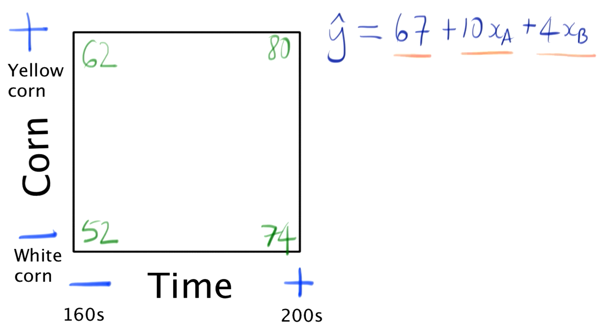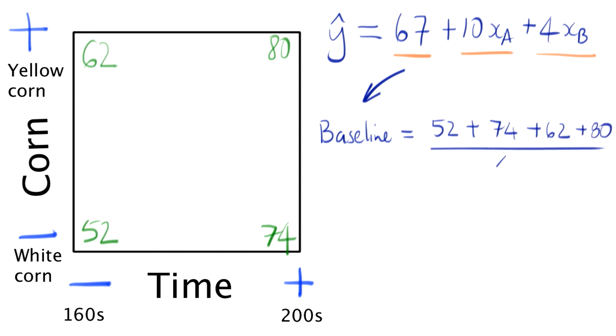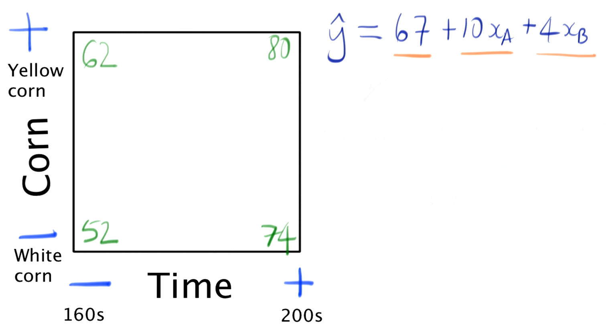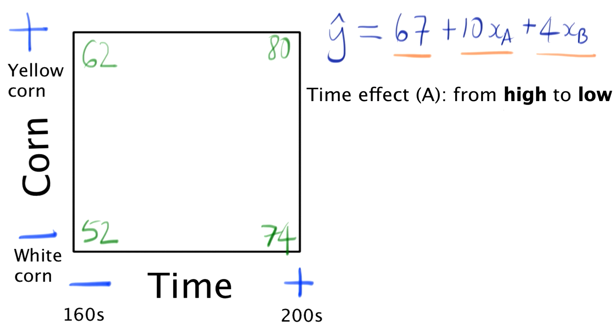The baseline value of 67 is the easiest one to calculate. It's simply the average of the 4 values here on the cube, 52 plus 74 plus 62 plus 80, and then divide that by 4, which is equal to 67. How did we get the value of 10? That is the effect of cooking time. Always go from high to low. The difference from high to low using yellow popcorn is 80 minus 62, and that's 18.